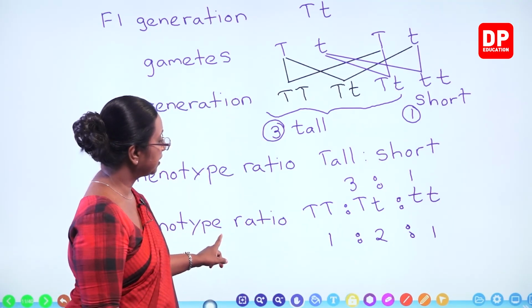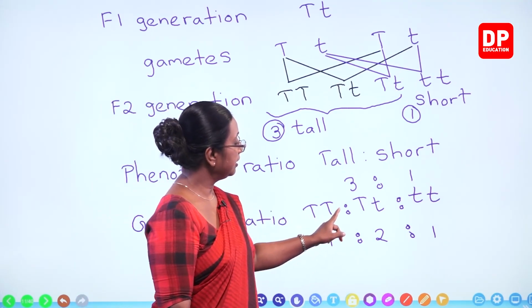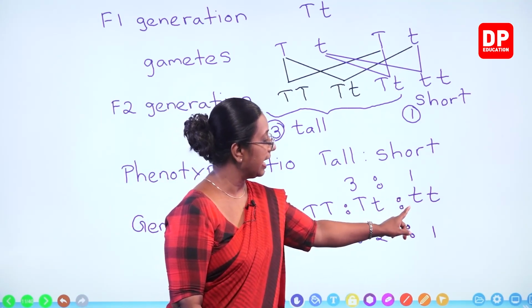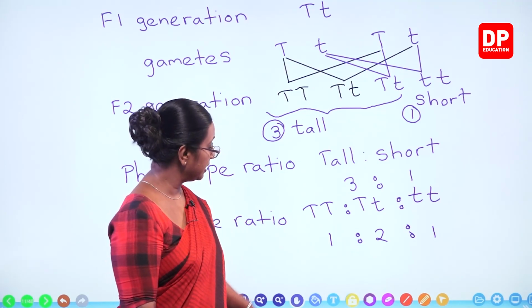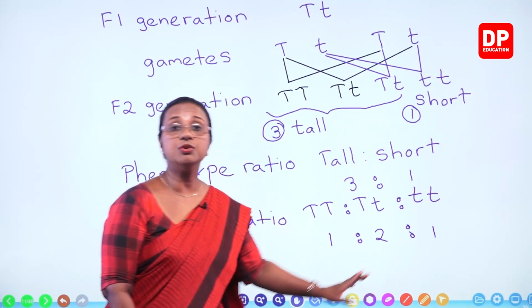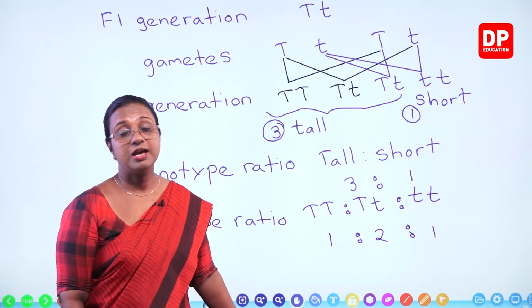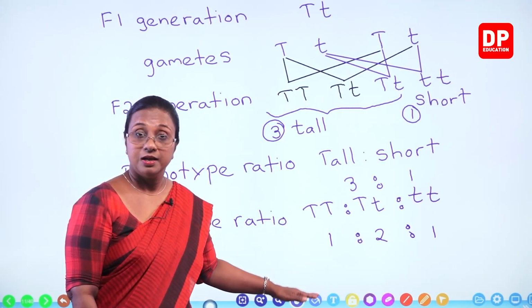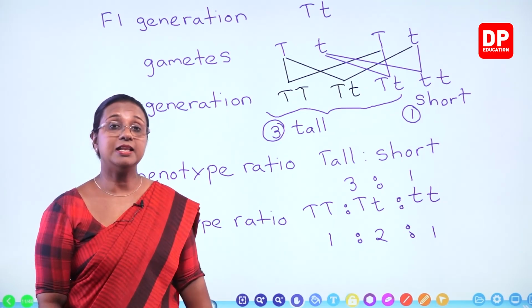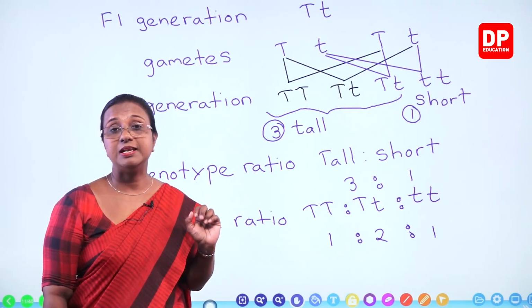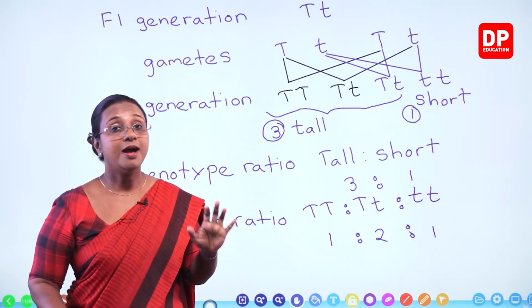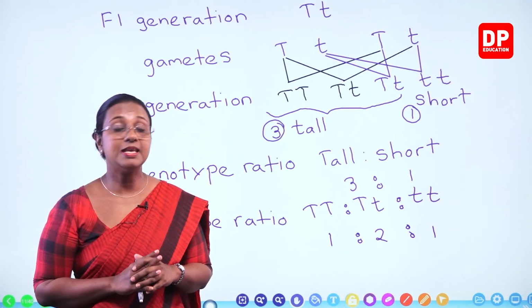Then genotype ratio, TT is to capital T simple t and simple t is to simple t, that is 1:2:1. That is how you get the genotype ratio. And this is how characteristics are inherited according to Mendel's observation. I'm sure you all can understand that, student.